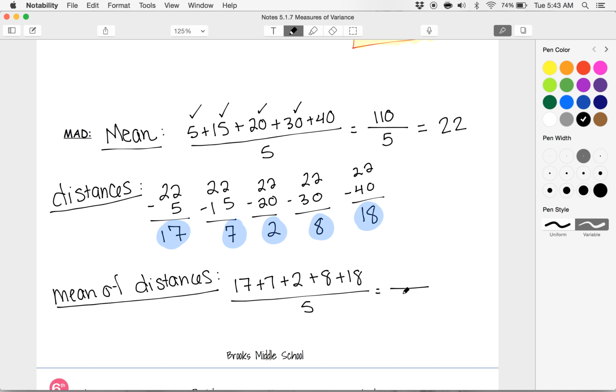So 17 plus 7 plus 2 plus 8 plus 18 gives me 52, divided by 5, which gives me 10 and 4/10. So MAD equals 10 and 4/10.